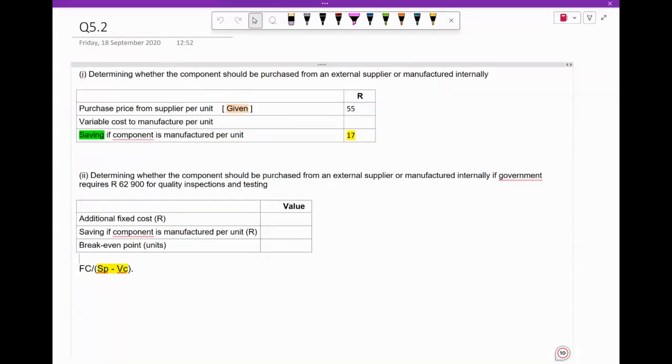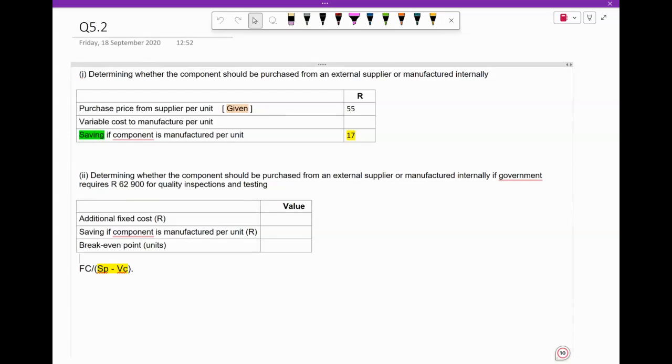Under the required, it says there, using the given cost criteria only, and note any assumptions that should hold. So first and foremost, we must just use the information that has been provided. Secondly, assuming government legislation requires the company to undertake quality inspections and tests costing 62,900 per annum, not included in the expenses above.